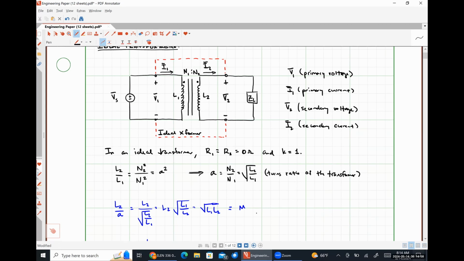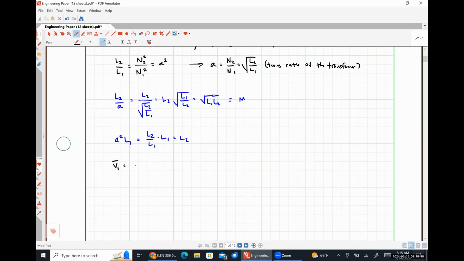I'm saying that because the positive polarity terminal of my voltage V1 is on the same side as the dot, and my current I1 is flowing into the dot. So we're just obeying the exact same rules that we've done previously. So we would have j omega L1 I1 as my self term.